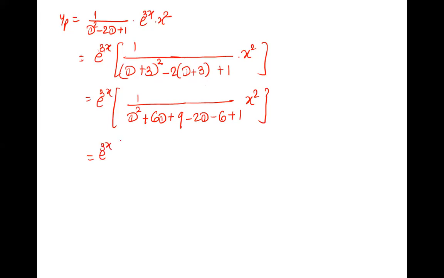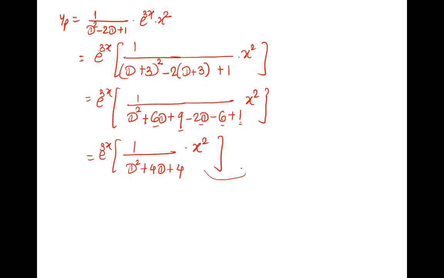Simplify: 1 upon D square plus 6D minus 2D, that is 4D, plus 9 minus 6 plus 1, that is 4, on x square.